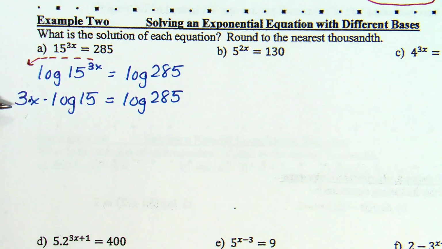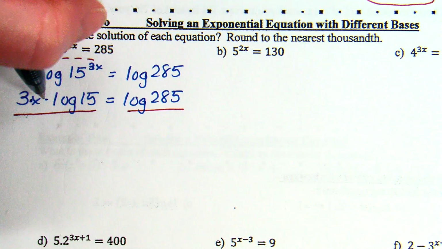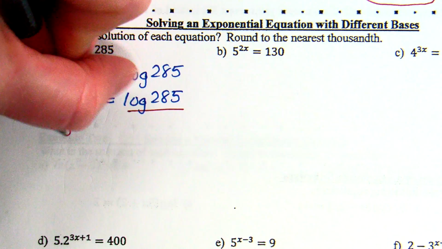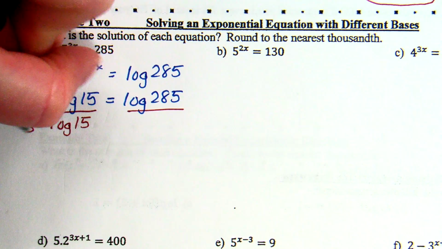And that's fine because we're using a calculator, right? So that's not ugly math because we're just punching buttons on the calculator. The other option is, if you want to, you could do all the division at one time. There's tricky things both ways, but ultimately it's all about dividing. So since it's 3 times x times log of 15, I want to divide the log of 15 over. I also want to divide the 3 over. And you can do this all at once.